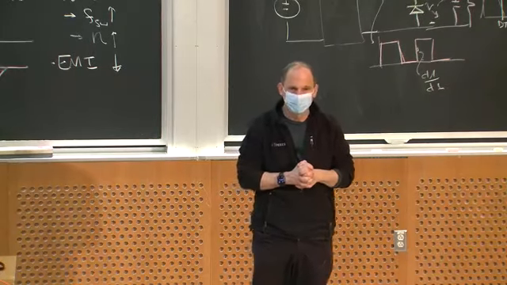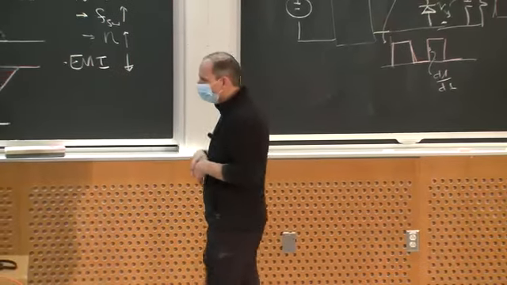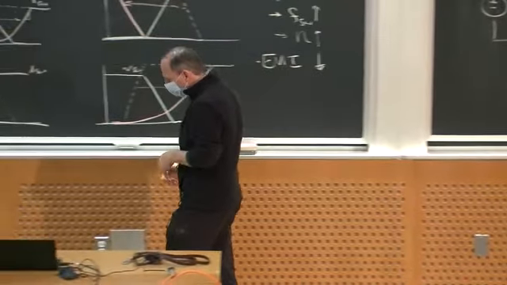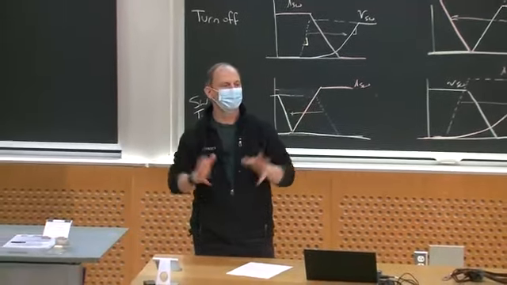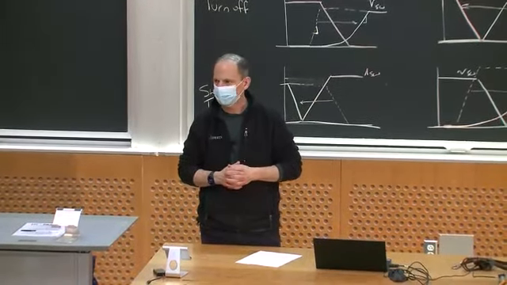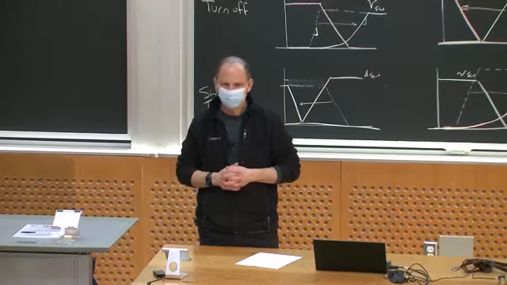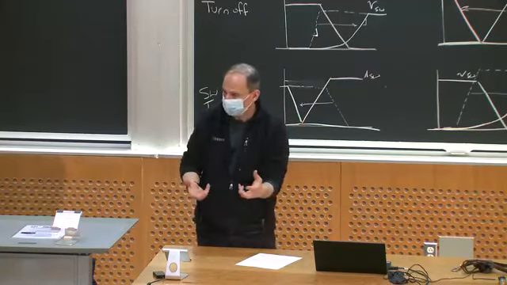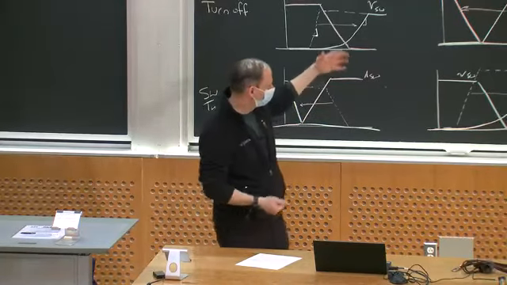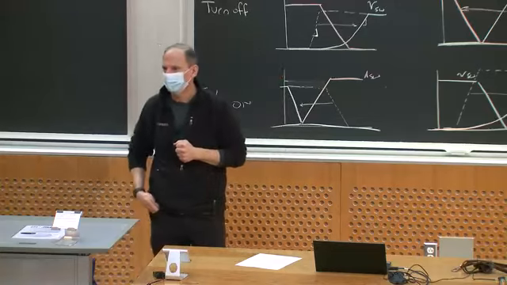Okay? I showed you a few examples, and maybe the broadest split I could make in how soft switching is implemented is that there are some designs in which you design the whole circuit to achieve some particular kind of soft switch operation.